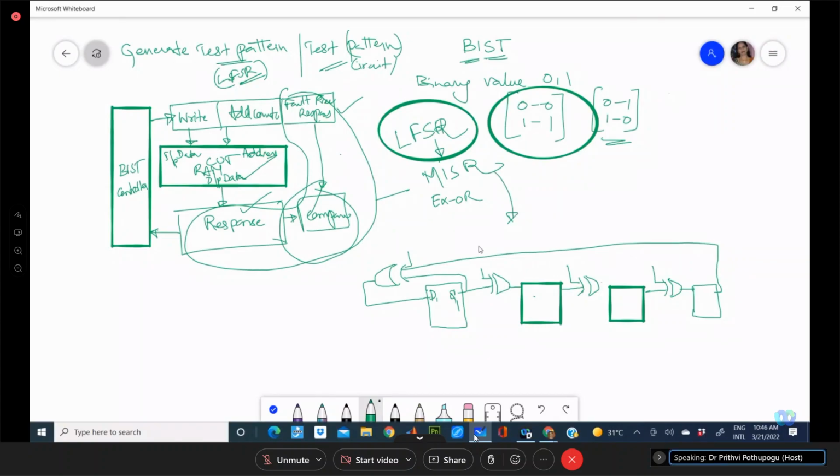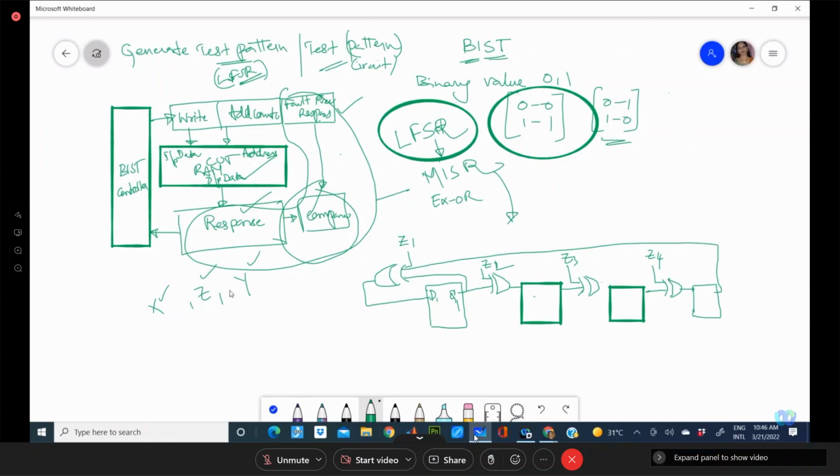That means we feed it with external inputs Z1, Z2, Z3 and Z4. What is the meaning of Z for our digital circuits? X, Z, Y. These are the inputs, these are the outputs, and these are the states.